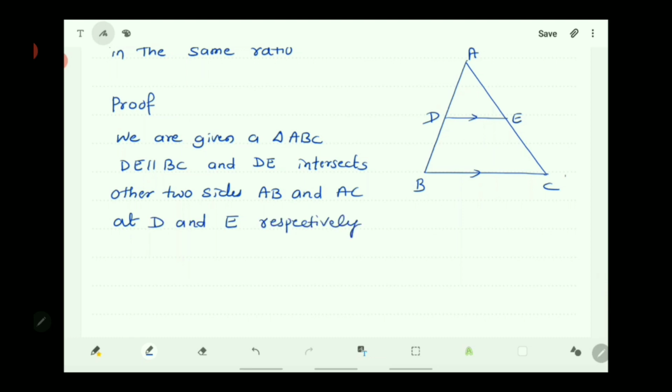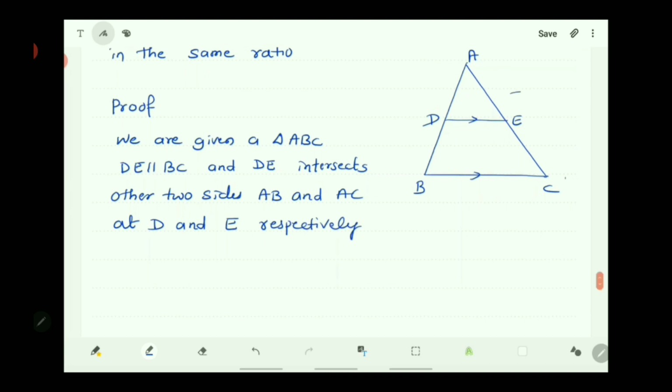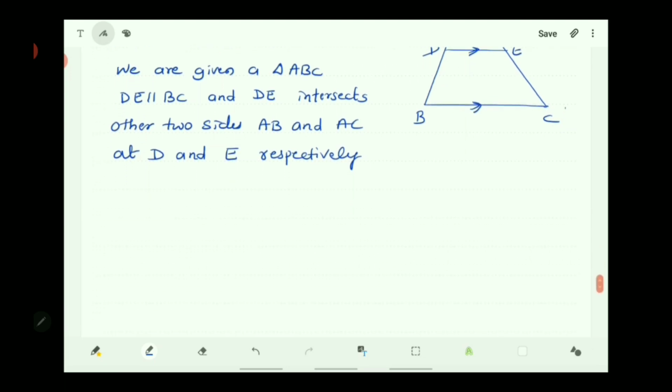This is the given. Here ABC is a triangle, DE is parallel to BC and the line DE intersects AB at D and AC at E.